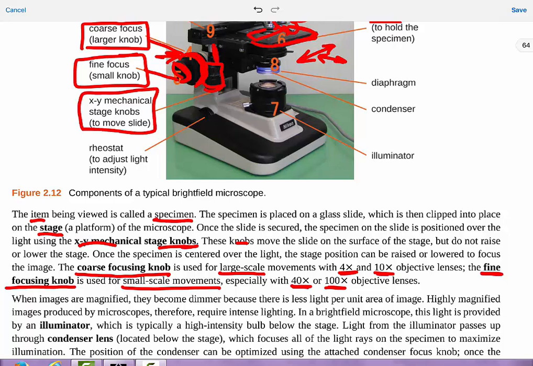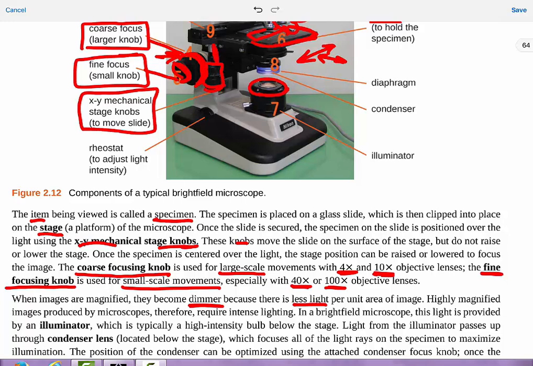When images are magnified, they become dimmer because there's less light per unit area of image. So even when you have a really bright light down here, if you are at 4x and 10x, you may think it's really, really bright. It's hard to see because it's just so bright when you're looking at it with your eye. And then when you get down to the 40x or the 100x, you might be thinking, gosh, this is really not bright and something happened to my light.